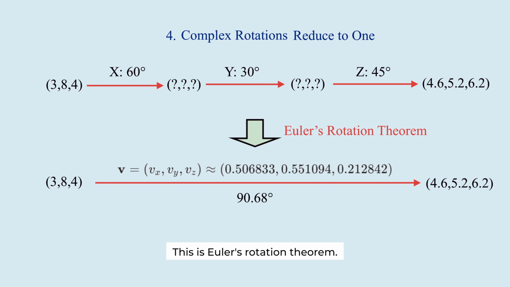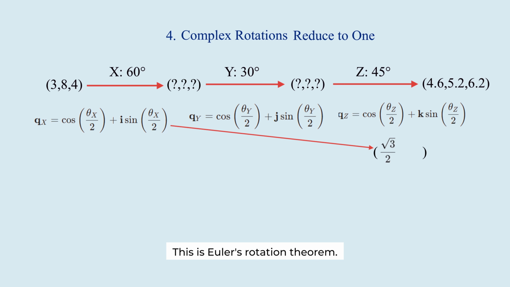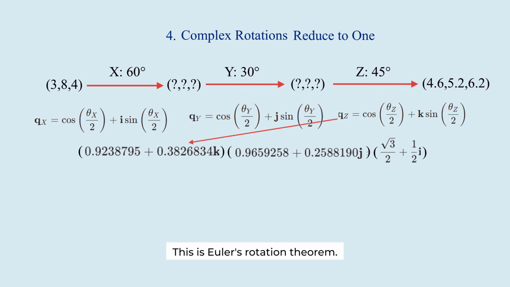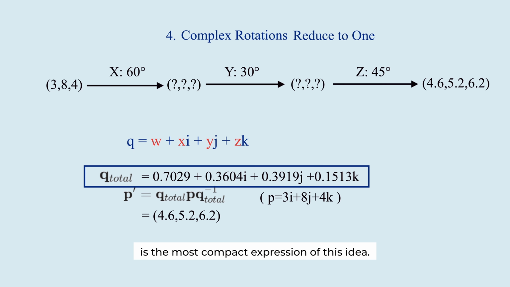This is Euler's rotation theorem. The quaternion q is the most compact expression of this idea.